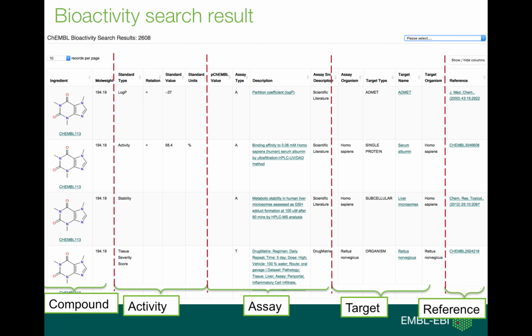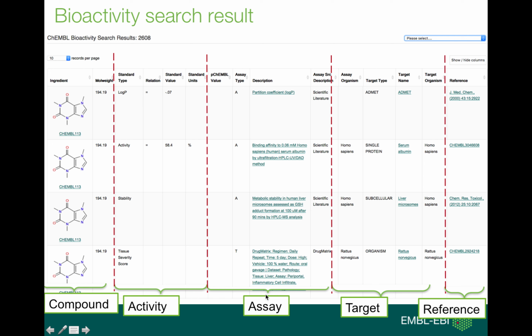A similar search on bioactivities, or clicking onto the bioactivities, would give you this Excel spreadsheet type view, where we could then have information for the compound that we've searched for or the keyword that you searched for, and the activities information available in the database, where we give you the activity types, whether it's a log P, whether it's a stability, as well as the values and the assay type that it is, as well as a description of the assay itself.